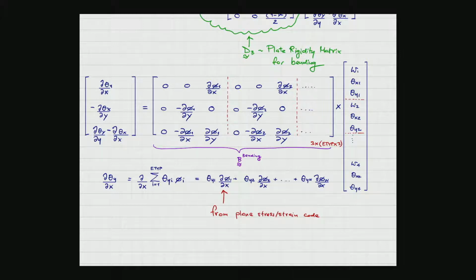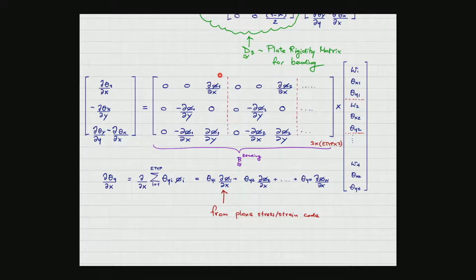Basically in the bending mode, it has nothing to do with the first column, which is associated with the W. The vertical deflection is not a part of these formulations. It will be used later in the shear part.